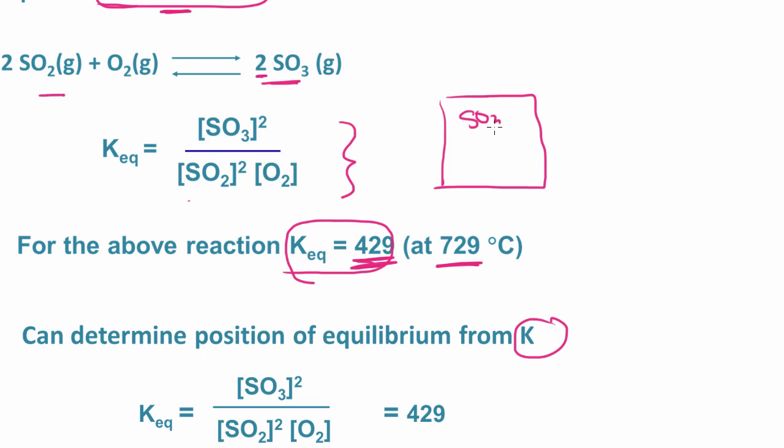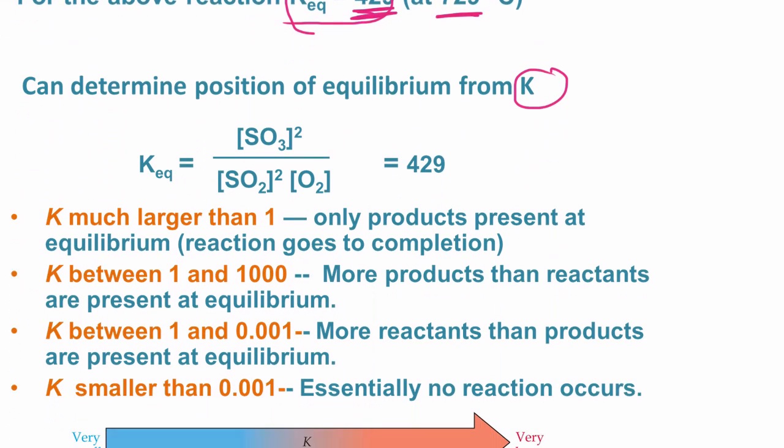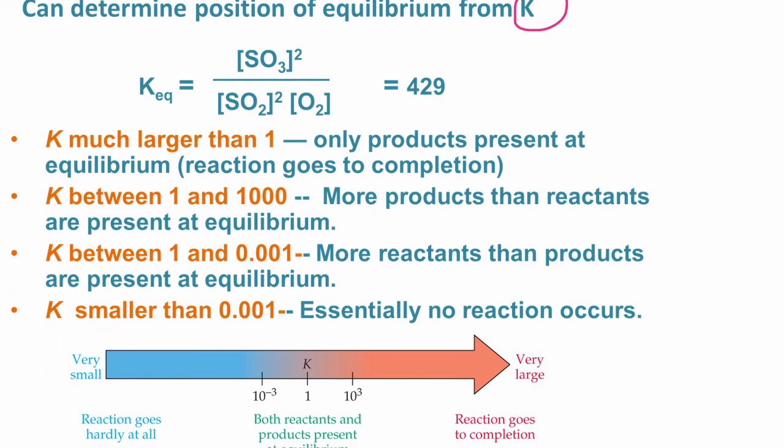There'll be SO3, there'll be SO2, and oxygen. So all of the reactants and products are in the reaction vessel. The question is, will there be more of this and this, or more of this? And that's what K can tell us. The value of K can tell us that.